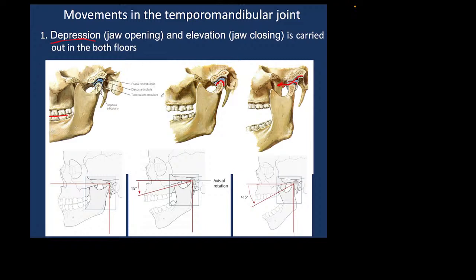This is depression, and the opposite movement we call elevation, when the lower jaw is closed. And as you see, there are two stages in each movement, two stages in depression and two stages in elevation, and it depends on the angle we move.